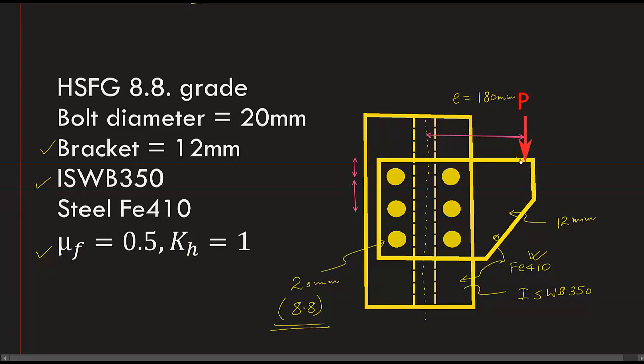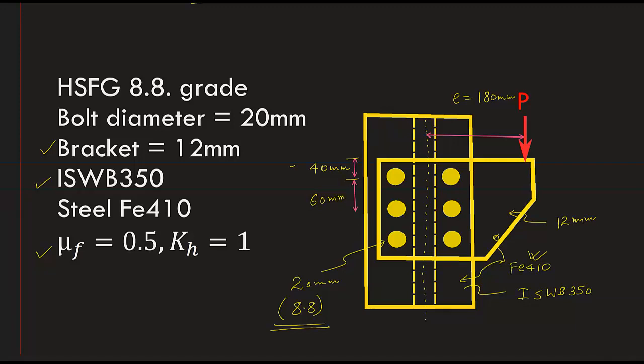This distance, the end distance, is given equal to 40 mm, and this is the pitch distance. This distance is given and is equal to 60 mm. So we have been given the geometrical parameters, and now we have to calculate the maximum load P that can be applied so that this connection remains safe.